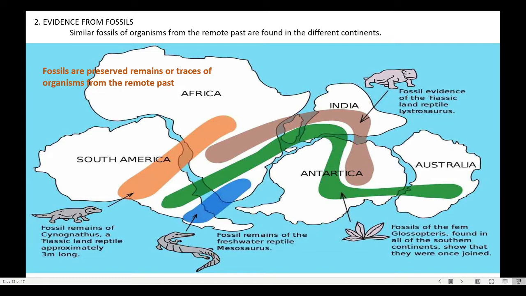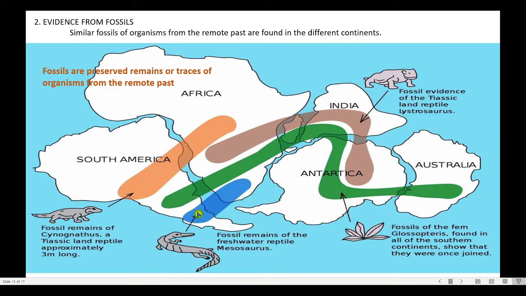Africa and South America are separated by a vast ocean, so it is very impossible for this reptile to travel from South America to Africa. So the similar fossils found in both continents simply show that there's a possibility that these two continents were once connected.